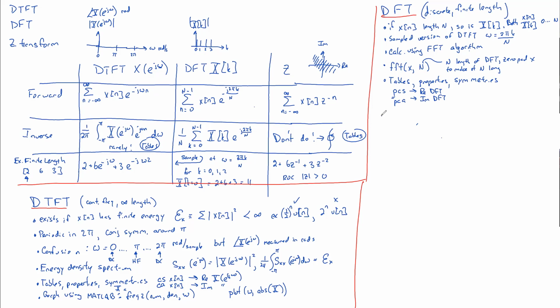We talked about the big issue, though, is circular convolution and linear convolution. And circular convolution is just frequency aliased linear convolution.